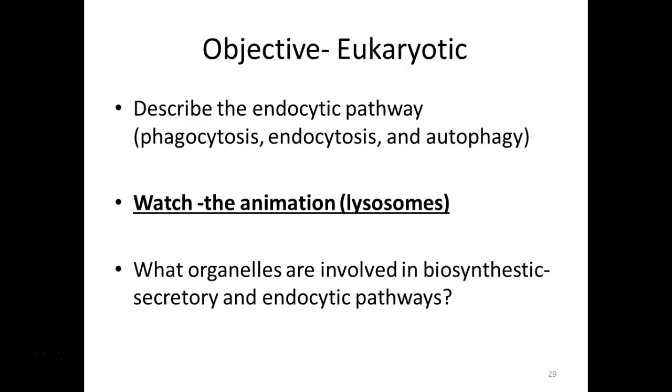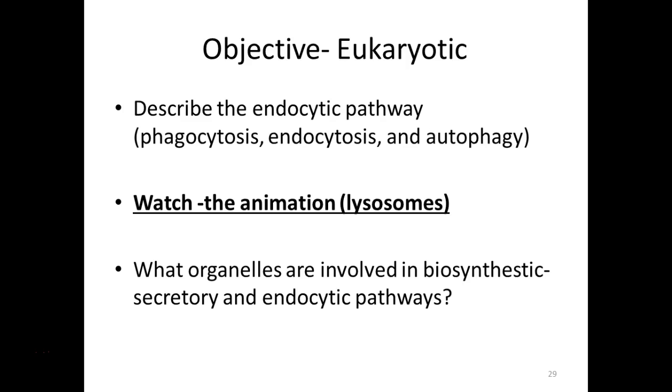Cell membranes are malleable, and so the membrane can be manipulated and actually brought within, the endo meaning within. And there are certain specialized endocytotic pathways. Phagocytosis, certain cells have this ability in our bodies where they actually will engulf foreign matter like bacteria and viruses and bring it in to digest within our cells.